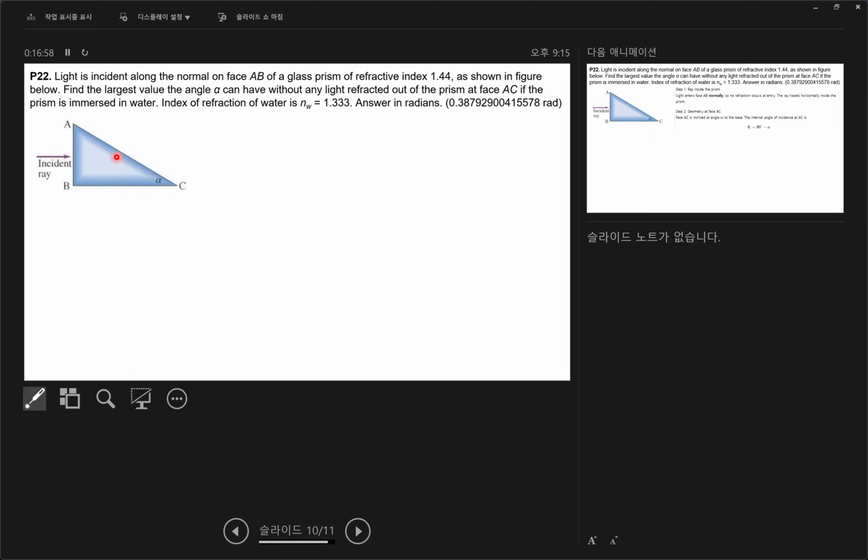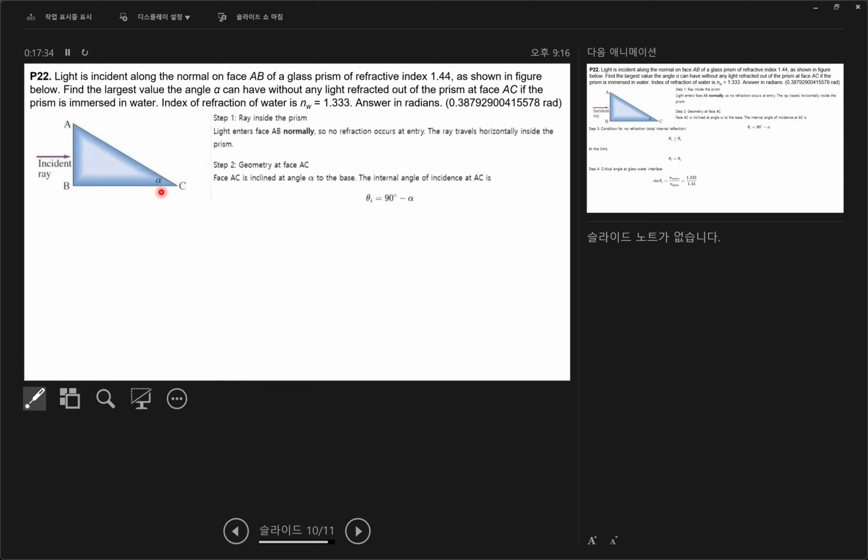The ray travels along the normal direction and then reaches the face, and we need total internal reflection at the given condition alpha. Compared to the previous case, where the incident ray direction was changing, in this case the interface angle is changing by alpha. That's the main difference. Otherwise, it is the same.